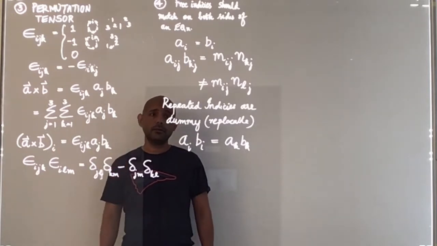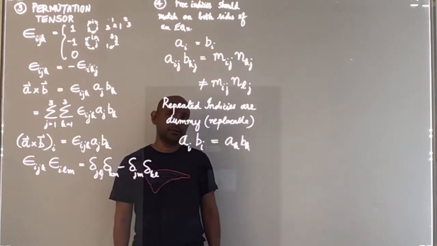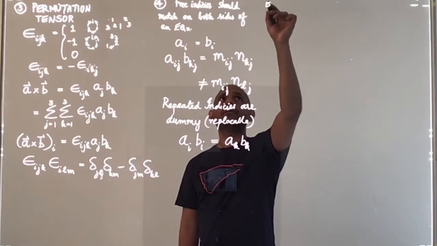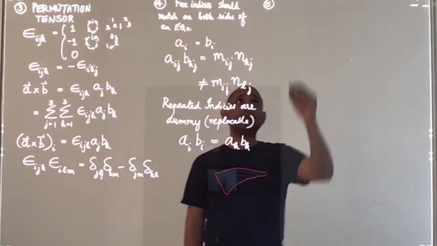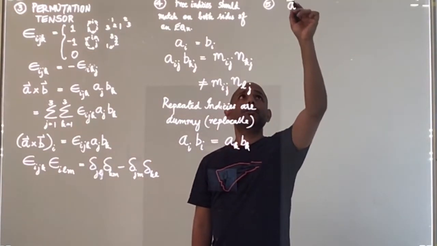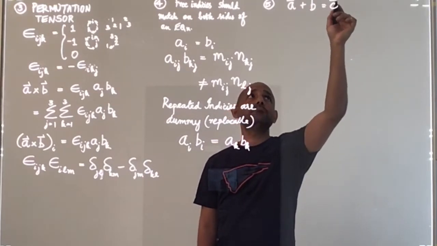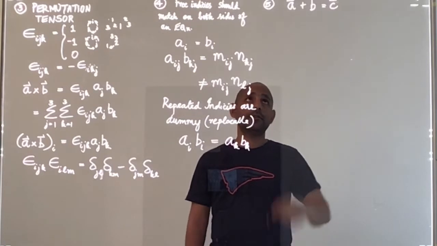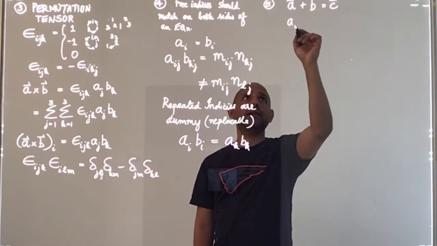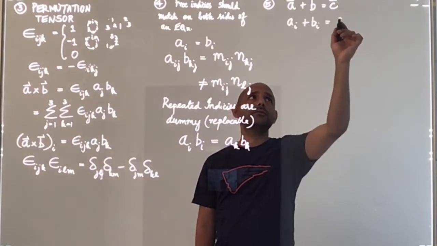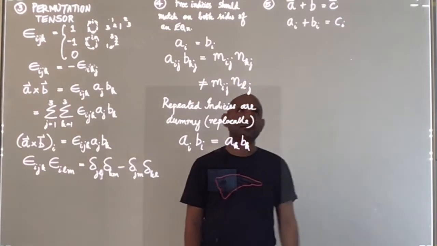Very good. So let's simply put what we know into action now. Basics of vector addition: let's say A plus B is equal to C. In index notation, this is simply saying a_i plus b_i is equal to c_i.